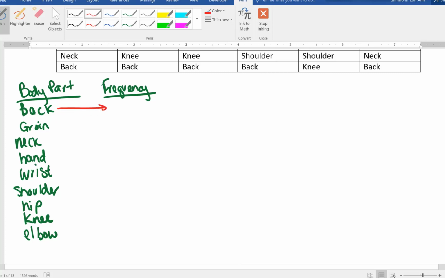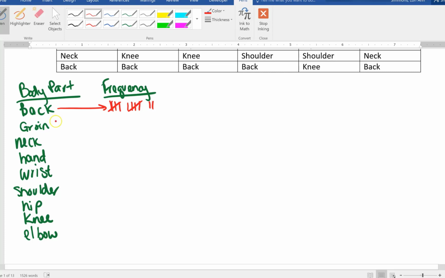So how many times does the back occur? It occurs 12 times. So instead of writing 12, I'm just going to do tallies, because later on we're going to get into numbers, and to me, and on the interactive, we use tallies just because it might be more of a challenge to differentiate all the numbers going on.